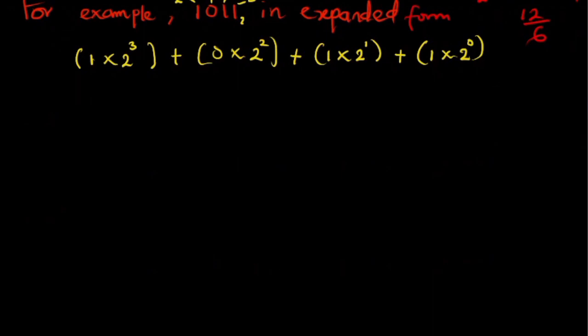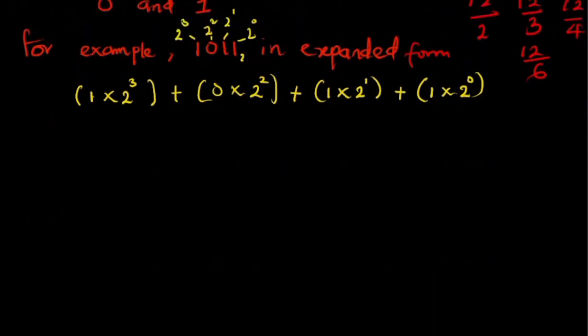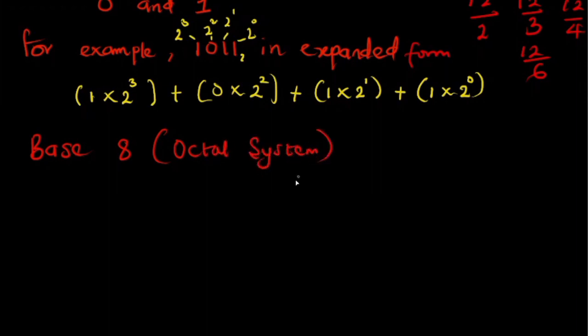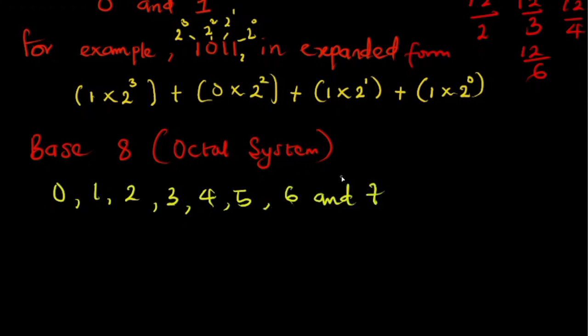So as we move forward, I will introduce you to another common base, which is the base 8 system. The base 8 system is also called the octal system, and it has 8 glyphs. And what are the glyphs? You can guess: 0, 1, 2, 3, 4, 5, 6, and 7.